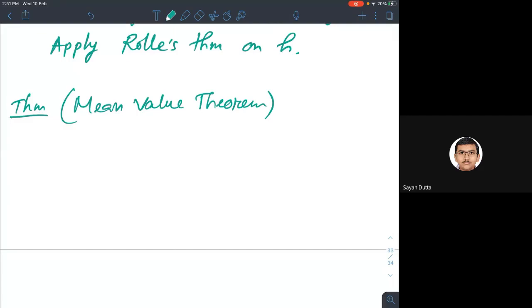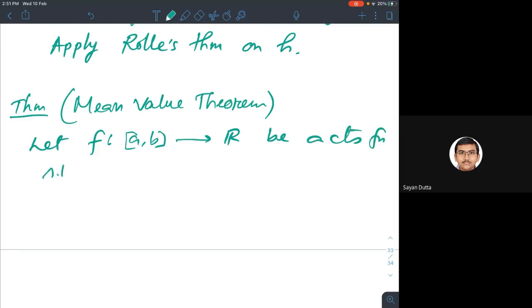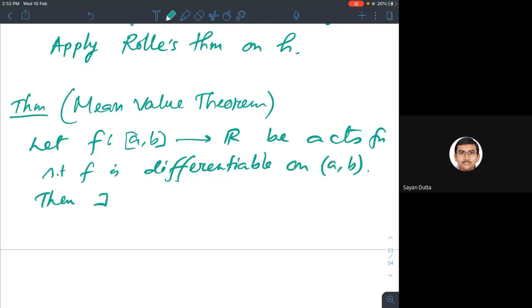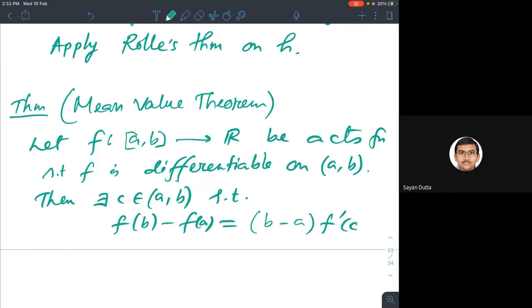So the theorem statement is, let f from [A, B] to R be a continuous function such that f is differentiable on the open interval (A, B), then there exists a point C in (A, B) such that f(b) minus f(a) equal to (b minus a) times f prime c. All right.